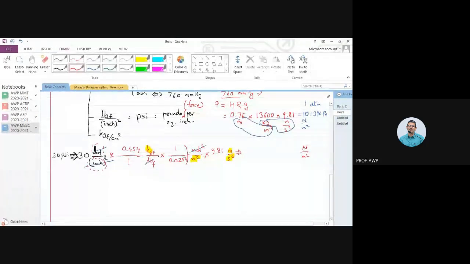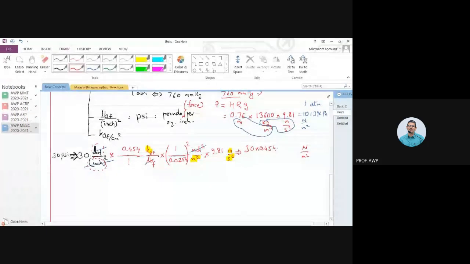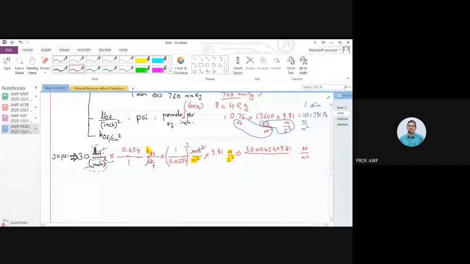But we need inch square and meter square, so we are going to square this. Then 30 psi would be equal to 30 into 0.454 into 9.81 divided by 0.0254 square.